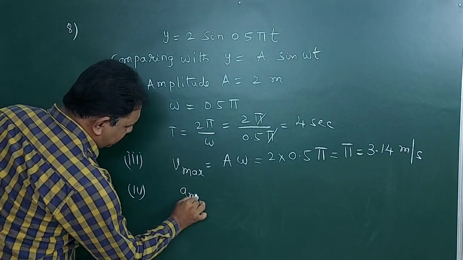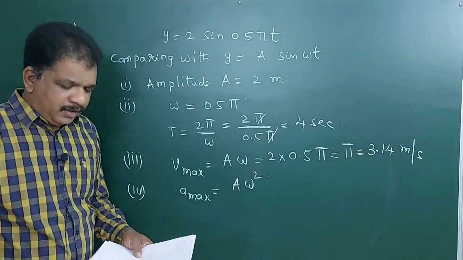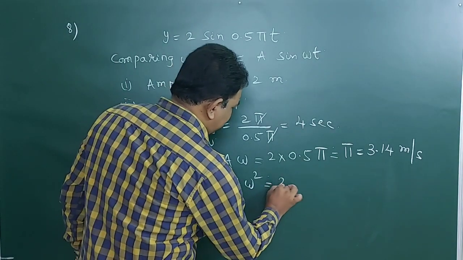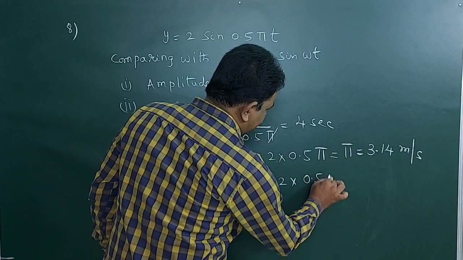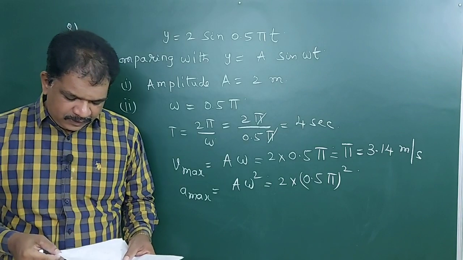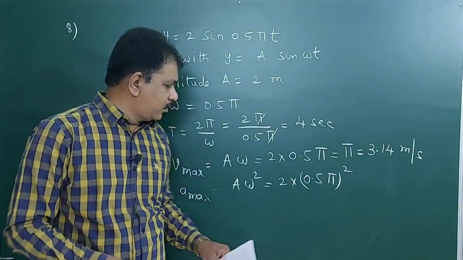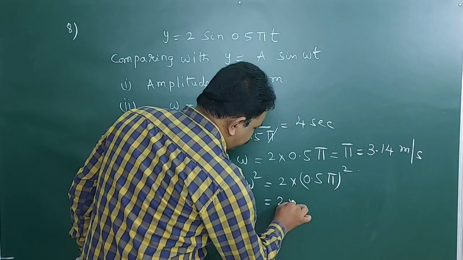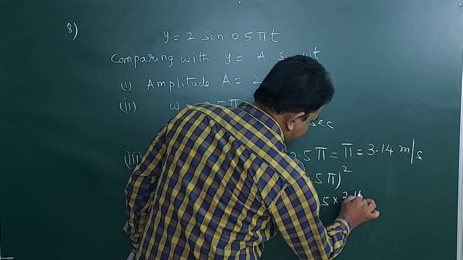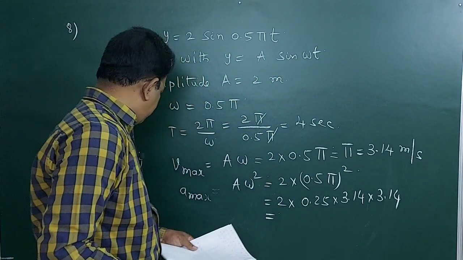Next, maximum acceleration they are asking: A omega square. So A value will be 2, into 0.5 whole square. You calculate it. Finally, pi take it as 3.14. So 2 into 0.5 whole square means 0.25, into 3.14 squared.